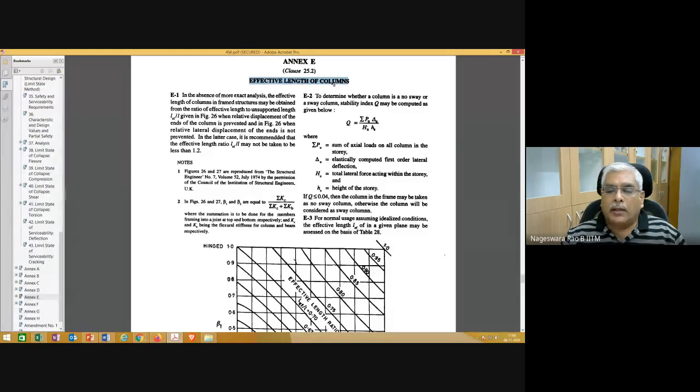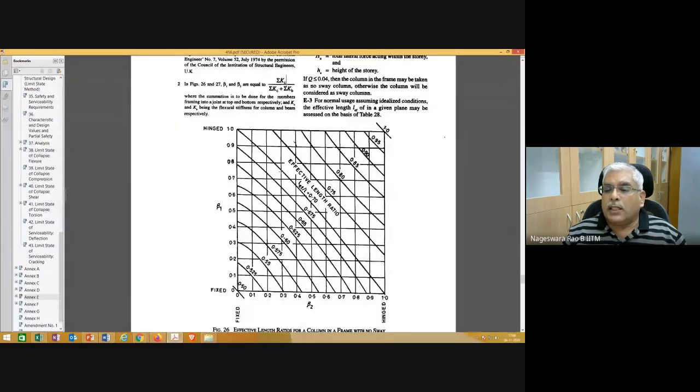A column may be connected at the top to another column, or several beams may be framing into the column at either end of the column, depending on the stiffnesses of the columns and beams that are framing into it. The behavior can be different under different kinds of these framing elements. Okay, depending on the stiffness of the framing elements, end conditions may differ, so effective length may be different.